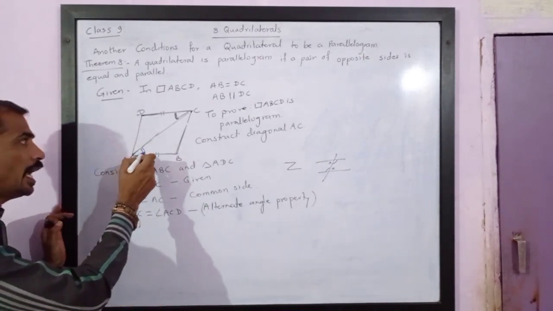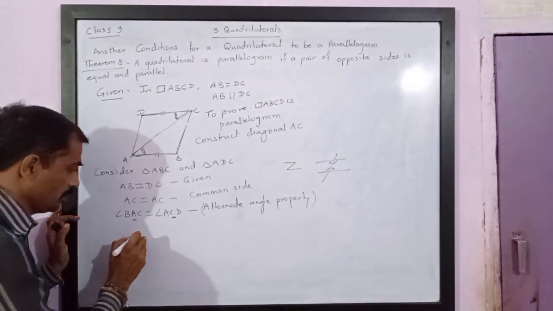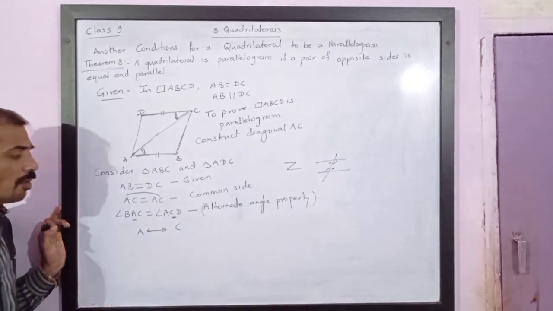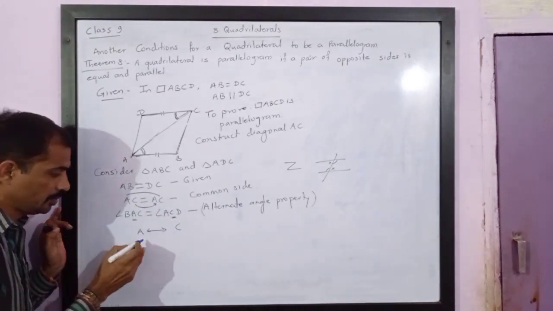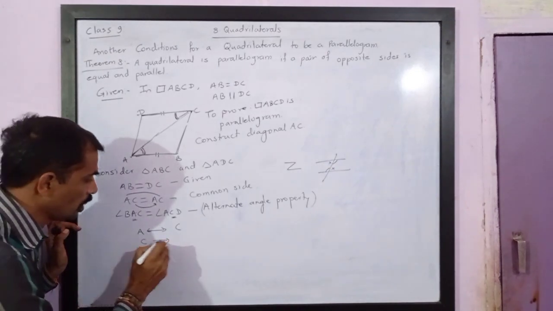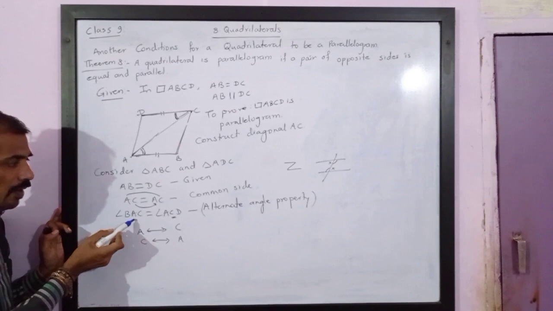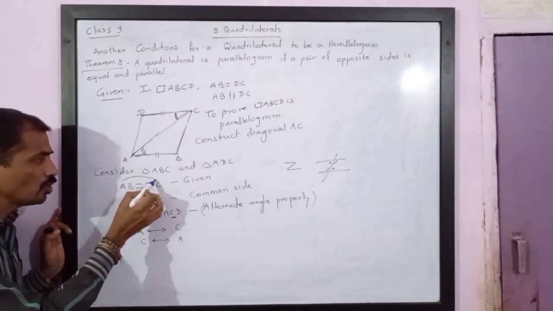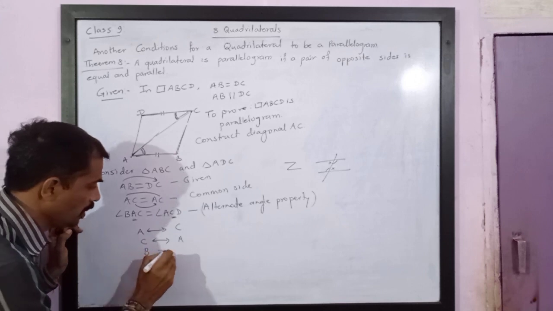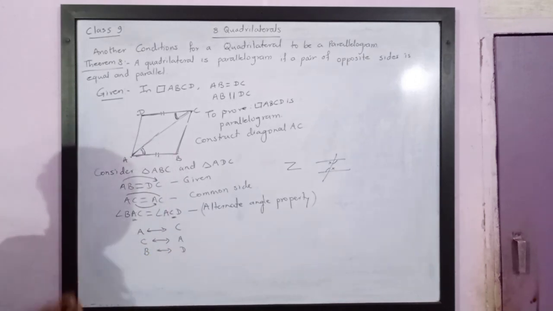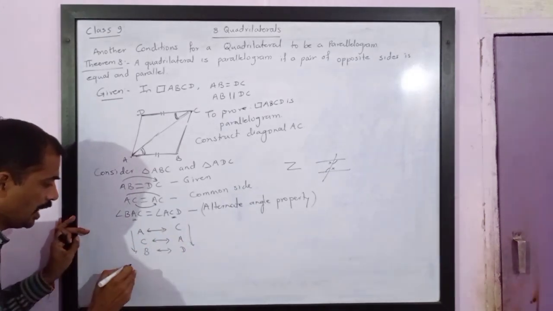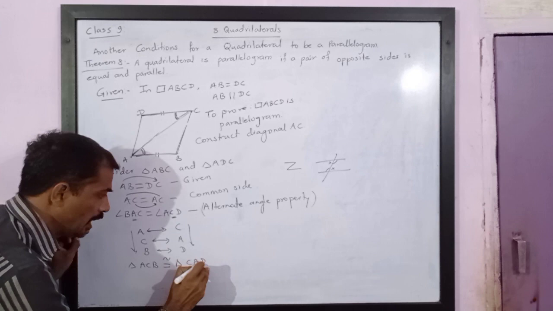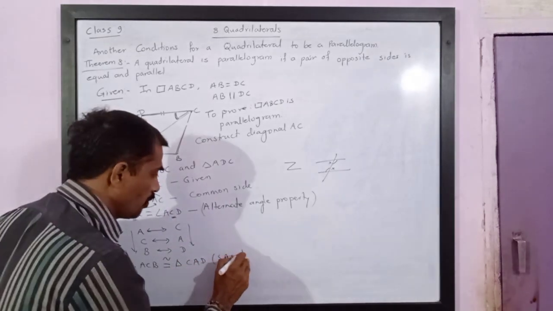So please note here, A corresponds to C. If A corresponds to C, then C must correspond to A. And B corresponds to D. If you write in the same sequence, I will get triangle ACB congruent to triangle CAD by the SAS test of congruency.